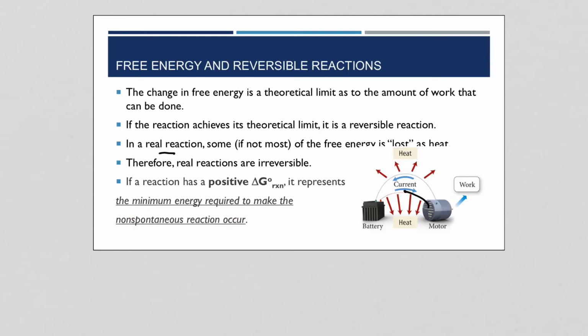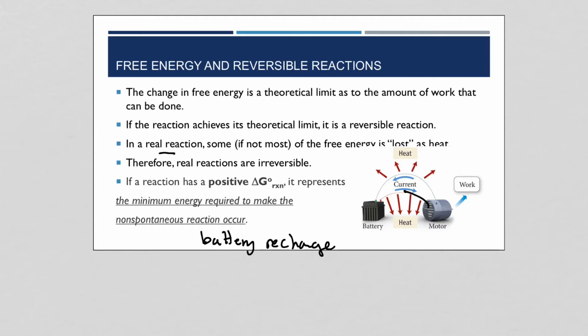So as I mentioned earlier, an example of this would be battery recharge. The spontaneous direction is battery discharge, so you use your battery for whatever. That's spontaneous. If we want to recharge it, we want to force it to go backwards, then we have to put in energy.